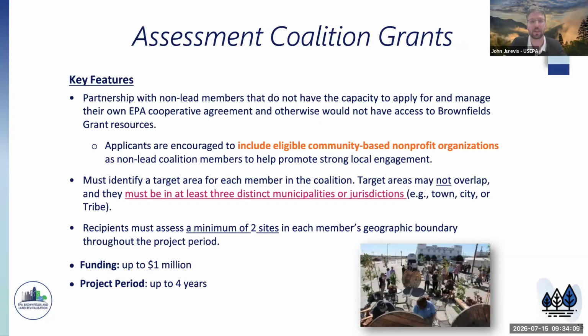And how they work is each of the coalition members, as well as the lead, designates a target area, and then they are required to assess a minimum of 2 sites in each of the members' and also the lead's geographic boundaries. So the funding is doubled from what the community-wide is, so it's up to $1 million, and it is for up to 4 years.